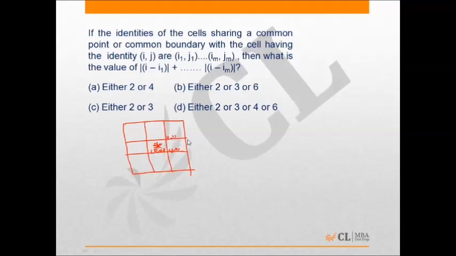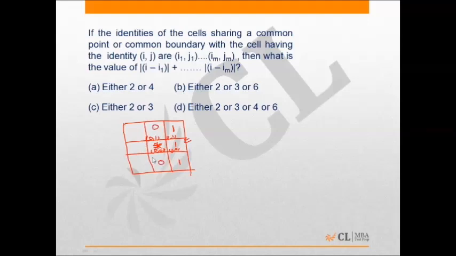So for this cell, what is the value of i minus i1? It's 1 minus 0, and the modulus of that is 1. Similarly, for this cell, it is also 1 minus 0, which is 1. And for this cell, it is also 1 minus 0, which is 1. The coordinates of this cell are (0, 1), so the value of mod of i minus i1 will be equal to 0 here.